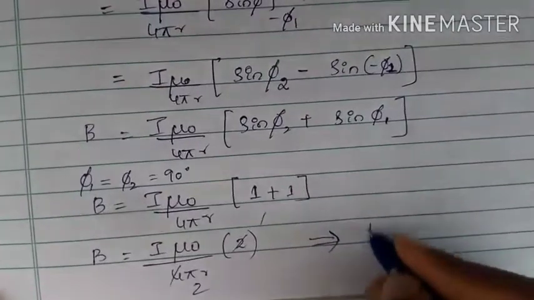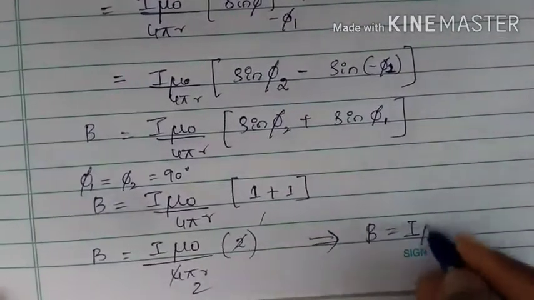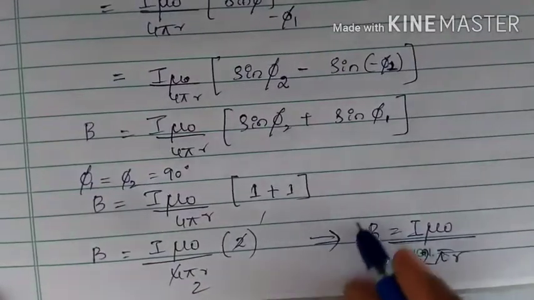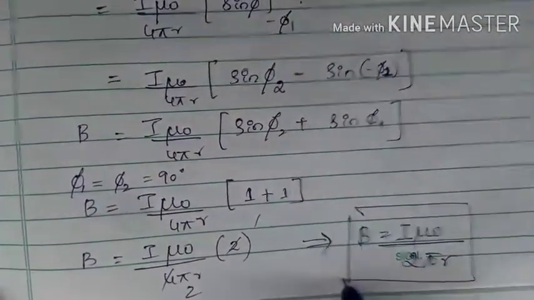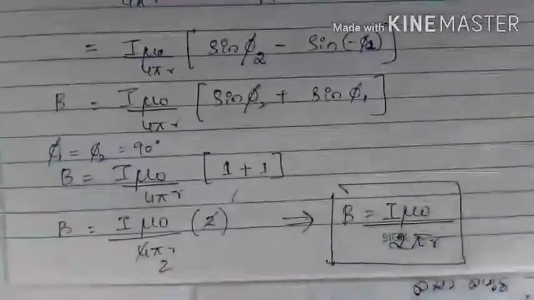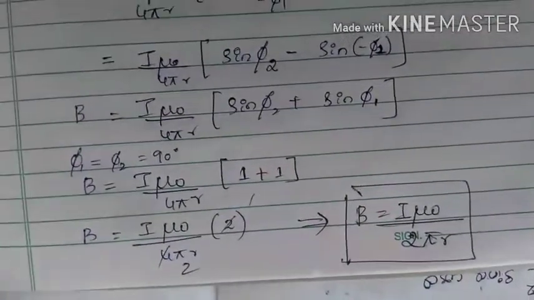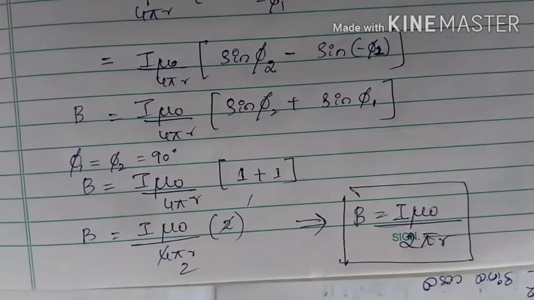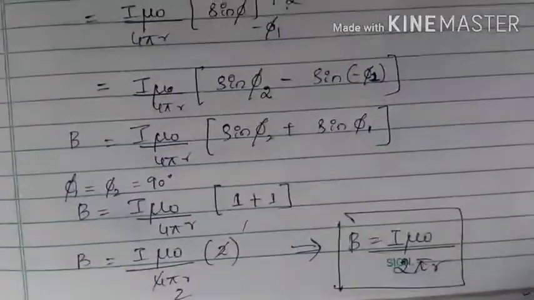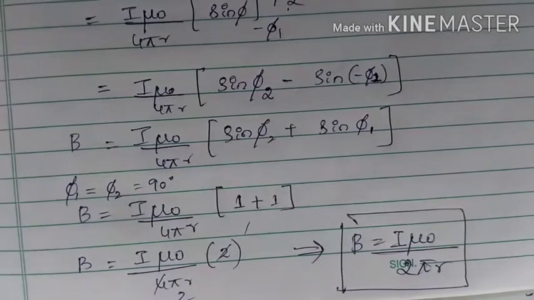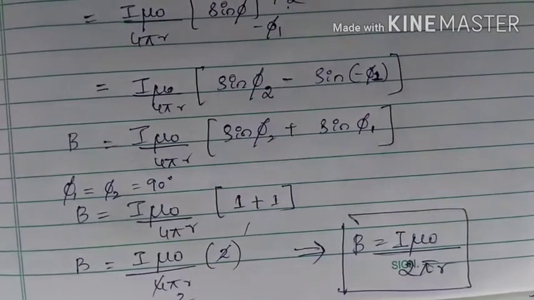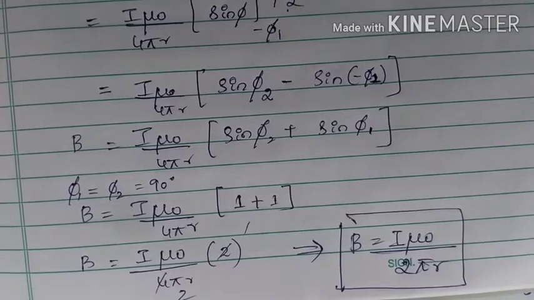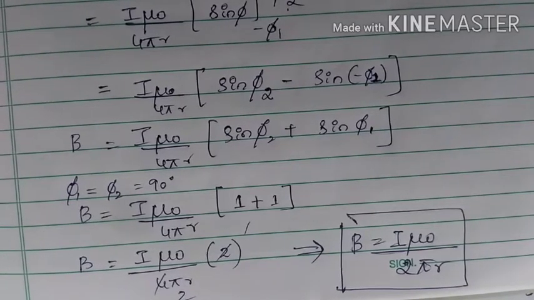What will be left is B is equal to I mu naught by 2 pi r. So this is the final expression for the magnetic field at a point due to a long straight current carrying conductor, that is B is equal to mu naught I divided by 2 pi r.